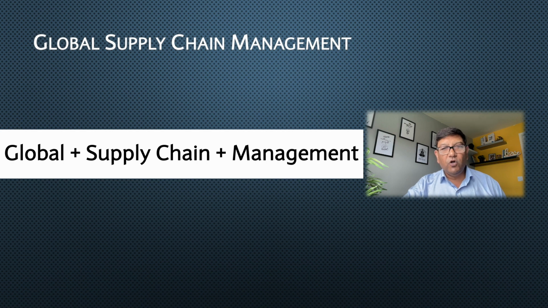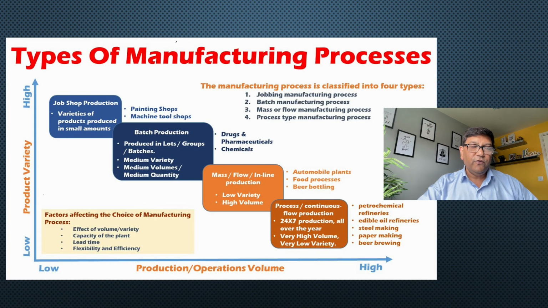Now let's have a look at types of manufacturing process to understand a bit more about the supply chain and how supply chains are evolving and moving towards a different trend. This diagram gives us the types of manufacturing process.